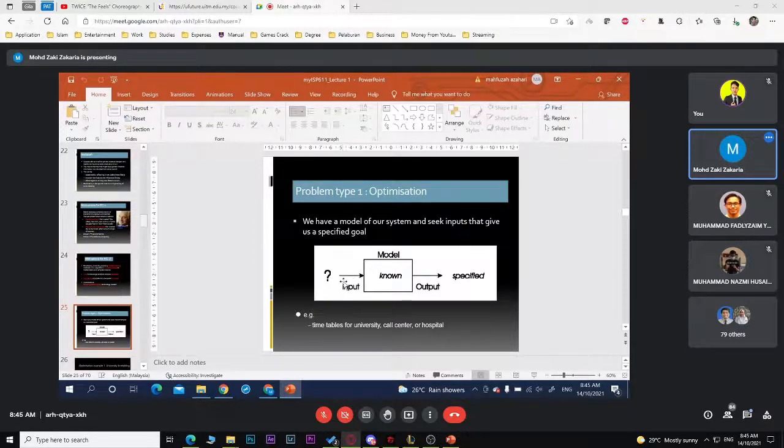We need to know the project scope, and then the model, which means the technique that we want to use, and then the output, the result, the best solution. So input and output. For this case, for example: timetable for university, call center, hospital, delivery system, or traveling salesman problem, and so on.